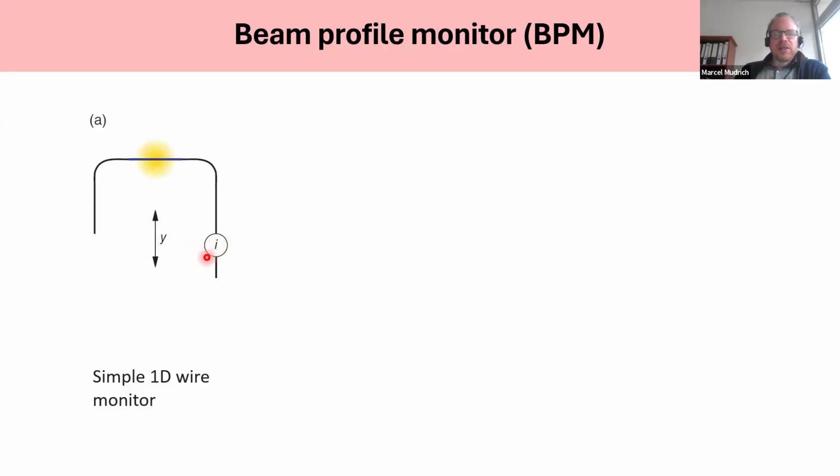So yeah, typically there's plenty of what is called picoampere meters, so devices that can measure very weak currents, all around these synchrotron beamlines, because synchrotron radiation tends to emit electrons from all sorts of wires or surfaces, which always gives a nice way to measure the intensity, or in this case, the beam profile when we move this wire across the beam. Of course, this gives only a one-dimensional cut through the beam.